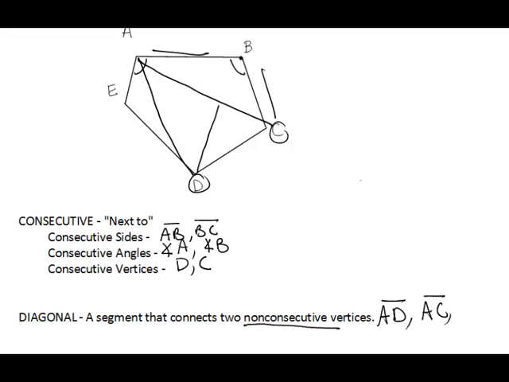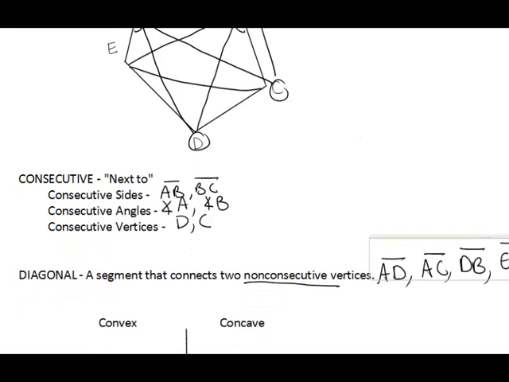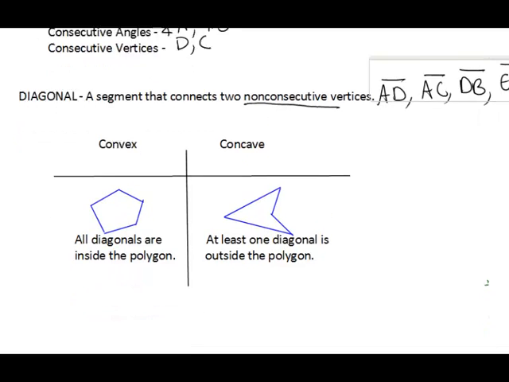There's D to B. Let's see, there is E to B. And then I'll go ahead and draw the last one here. EC. Okay, so there's a lot of diagonals in the picture. The more sides you have, the more vertices you have, and then the more diagonals you have as well.